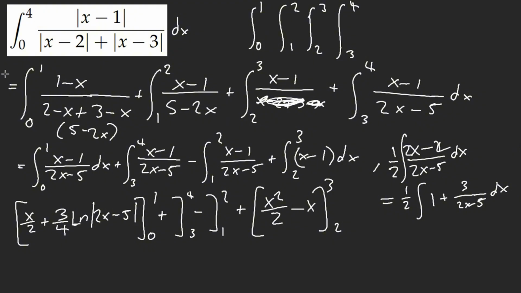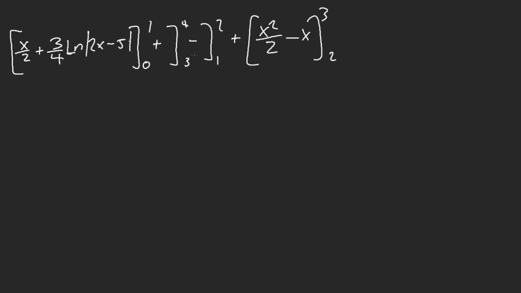Let's go ahead and clean this mess, because holy hell. So now let's go ahead and compute this. We notice that we have a 1 here and we have a 1 here. So that means we're going to get like 2 times whatever of it, because that minus is going to make it 2 times the evaluation of 1. So, 2 and then 1 half plus 3 fourths of ln of 2 minus 5 is minus 3, but because of the absolute value, we just have ln of 3.